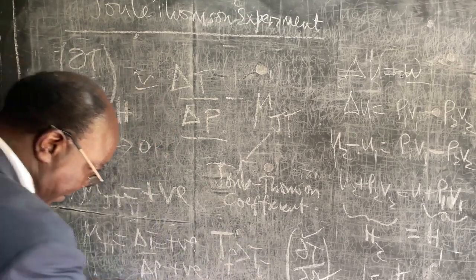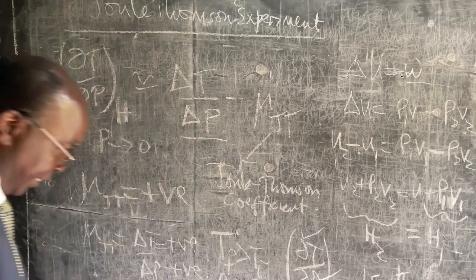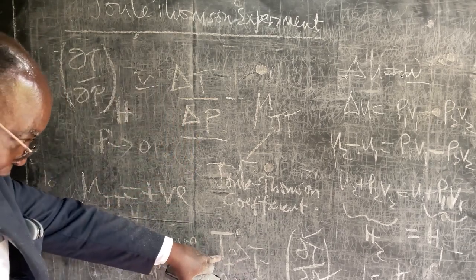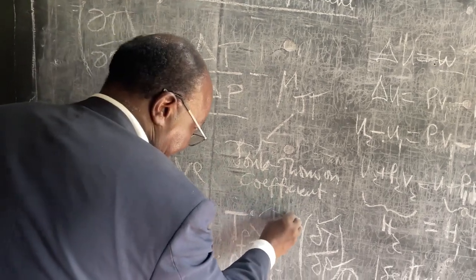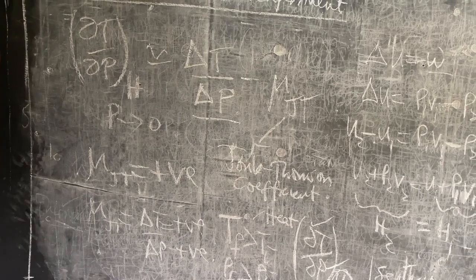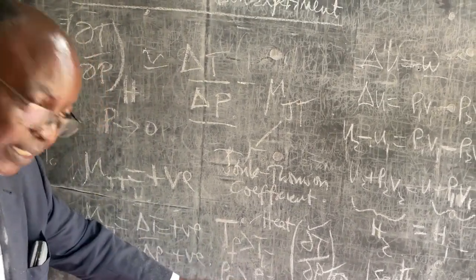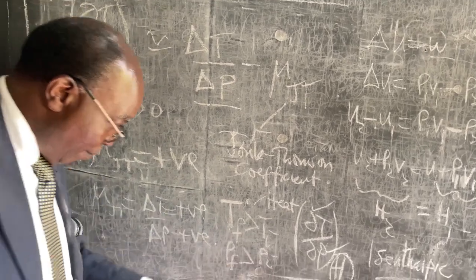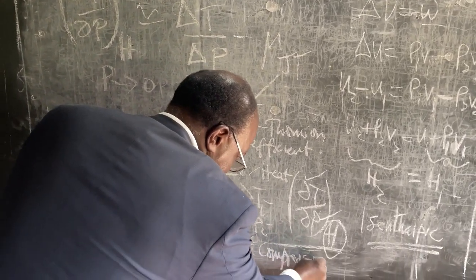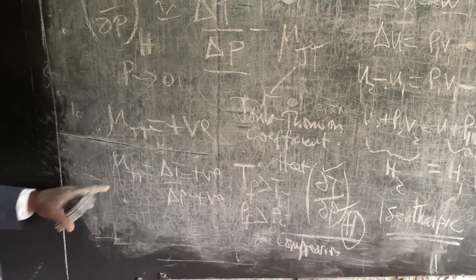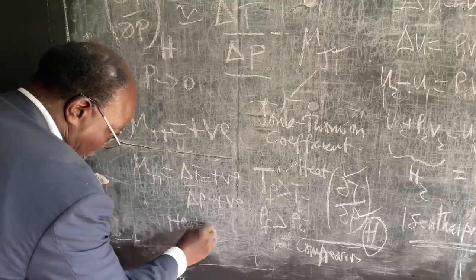Delta P being positive means the final pressure is greater than the initial pressure. If final temperature is greater than initial temperature, then that's a heating process. And if final pressure is greater than initial pressure, the final volume is less than the initial volume. This is a compression. So a gas with a positive Joule-Thomson coefficient heats on compression.